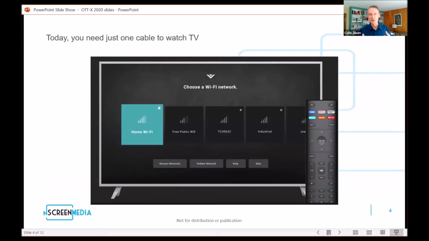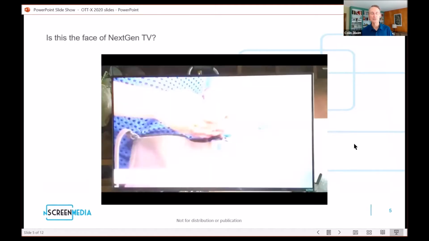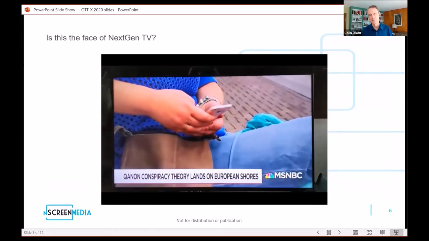It found the strongest signals next to me, and all I had to do was remember my password, and if I'd used WPS, I wouldn't have even had to enter the password. Once I had done that, I was immediately able to watch television.